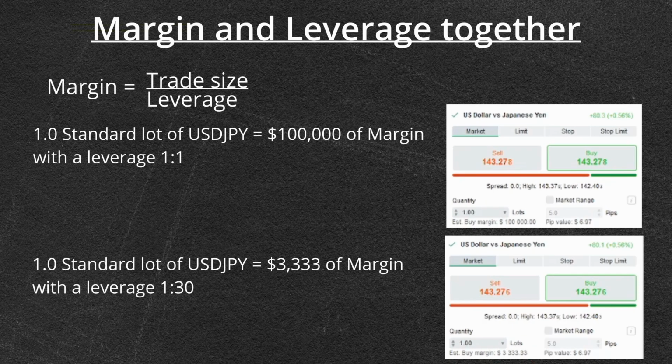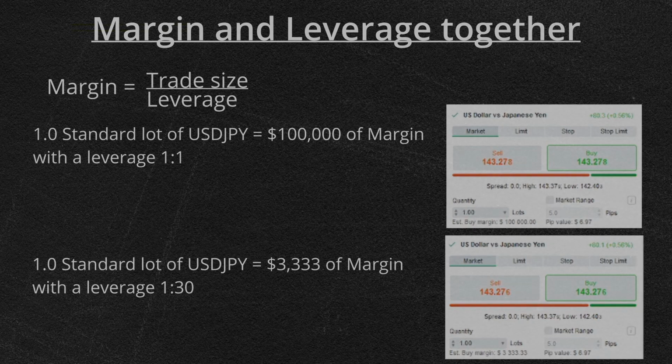This effectively means that with $3,333, you're taking a trade that's worth $100,000, and in both cases, each pip or move in that Forex pair would generate the same P&L, except with a 1-to-1 margin, you had to put up $100,000, and with the 1 to 30 margin, you only had to put up $3,333. If we had a higher leverage, say 1 to 100, we would only have to put up $1,000 to take the same trade, and you get the idea.